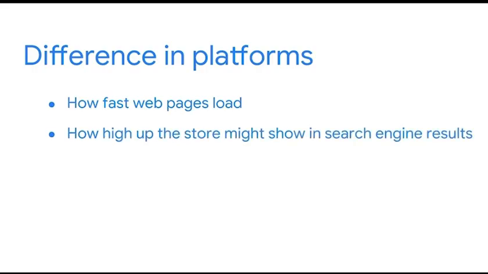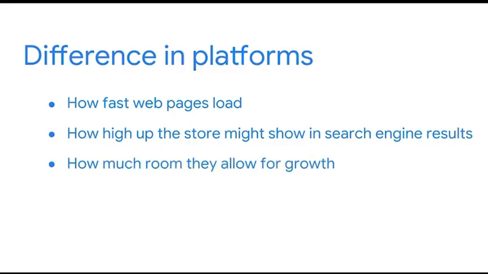Another thing to consider is how high up the store might show in search engine results. Showing up higher in the search results typically leads to more visitors, as you learned earlier. The search engine optimization, or SEO, capabilities of a platform can impact how well the store performs in online searches.